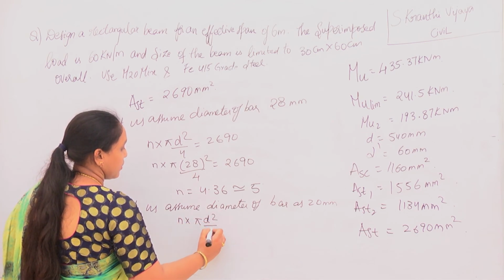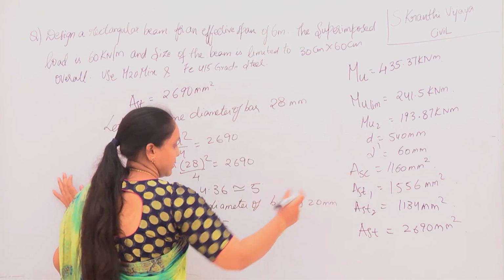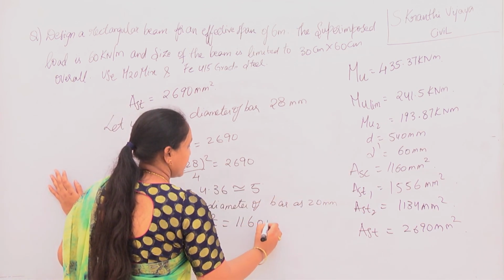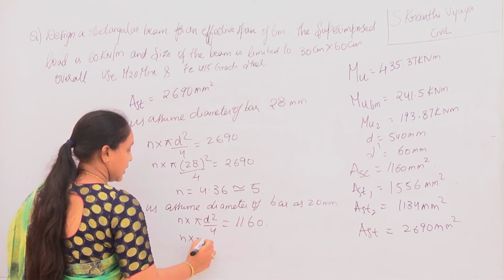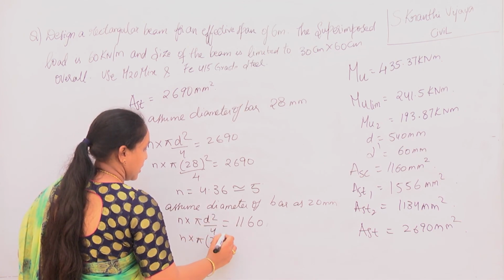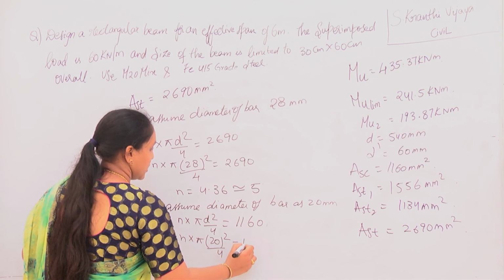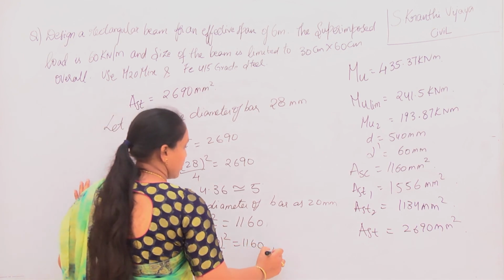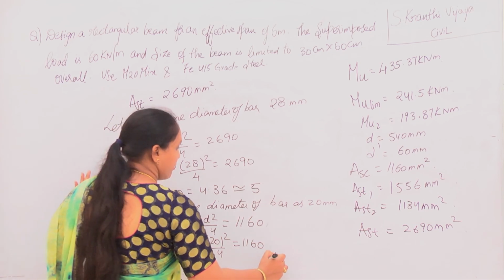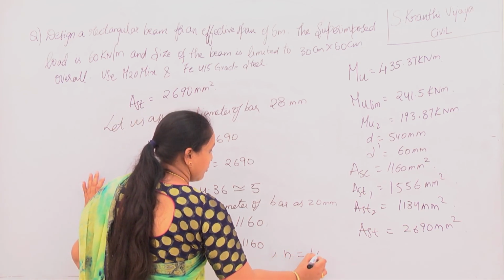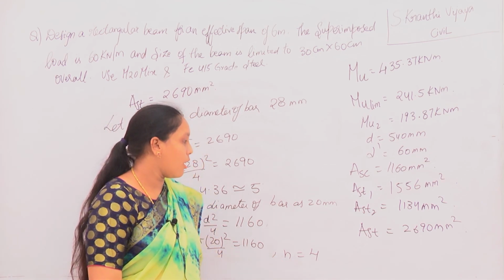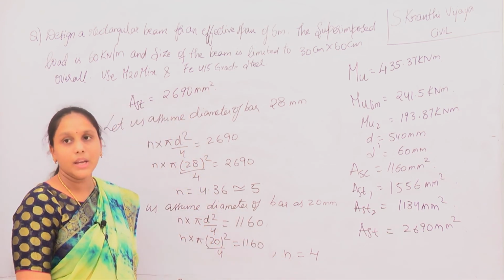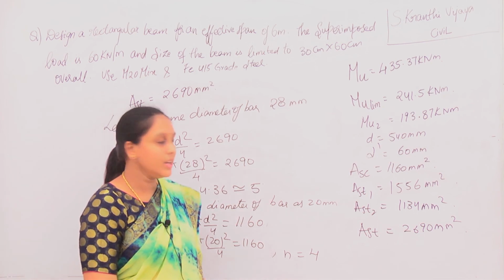N into pi d square by 4 is equal to AC. So what is the AC? It is 1160 mm square. What is d here? I am assuming d is 20. So divided by 4 is 1160. So from this we will get a value of N as 4. So how many bars am I providing here? I am providing 4 bars of dia 20 mm in the compression zone.